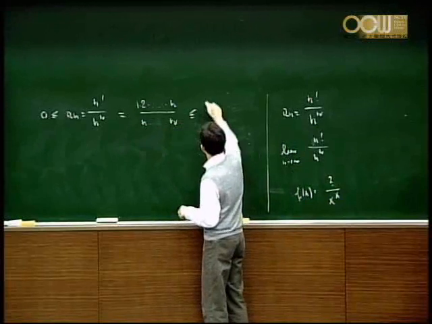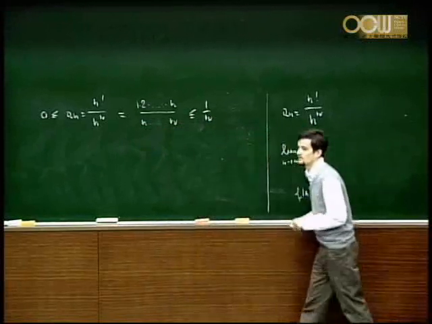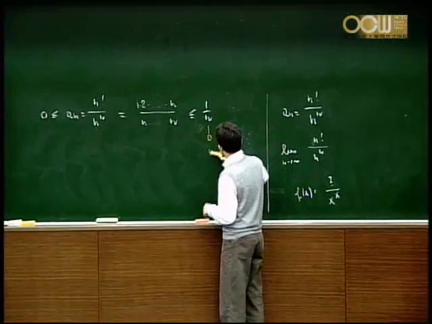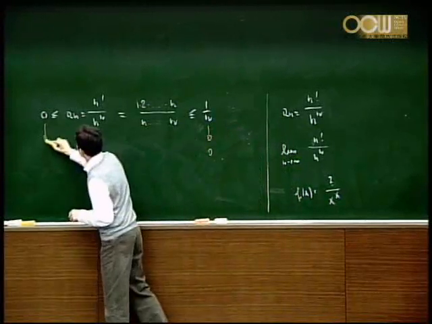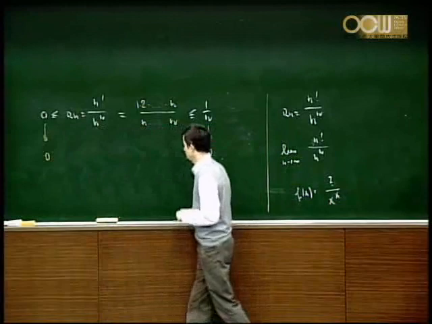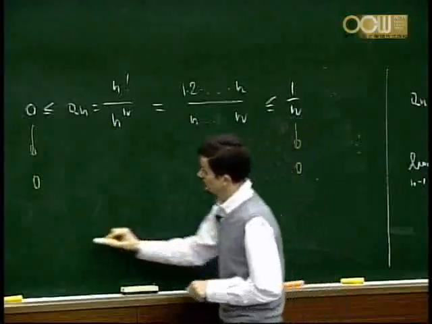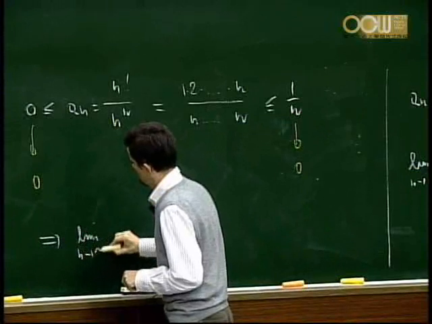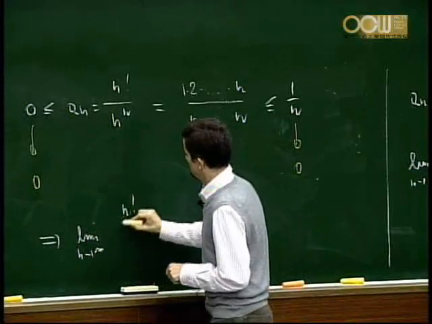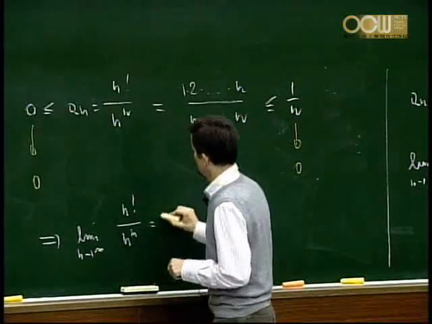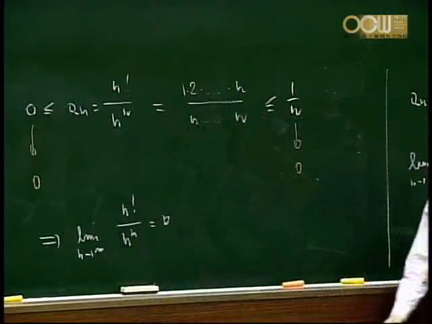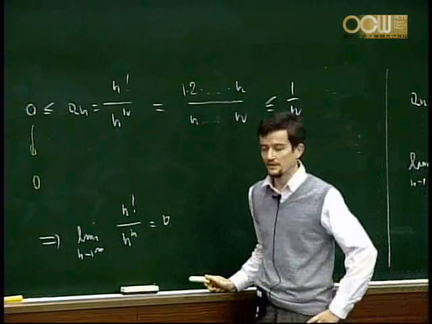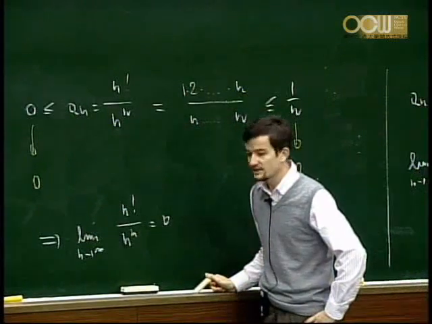So this is obviously smaller or equal than 1 over n, and this here tends to 0 as n tends to infinity. So by the squeezing theorem, this sequence here tends to 0.